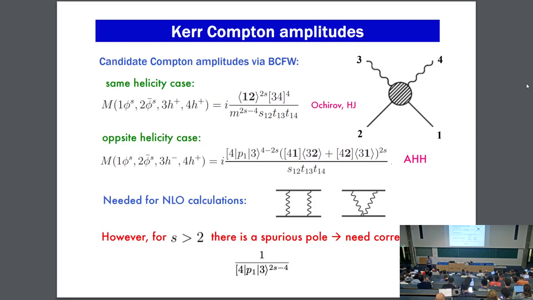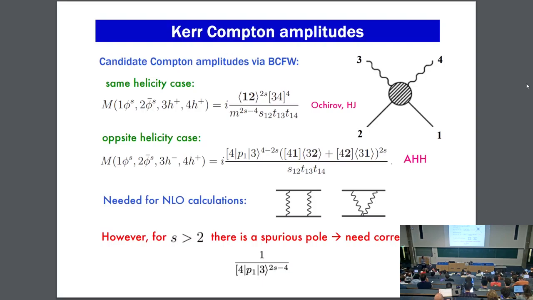The next thing I want to discuss is the Compton amplitude. Starting from the Arkani-Hamed-Huang-Huang 3-point amplitude, you can compute 4-point amplitudes, and you get this very nice simple formula, which is very reminiscent of the 3-point. It's also just a power to the 2s. Unfortunately, it has a problem. For dimensional reasons, you need to put something in the denominator.